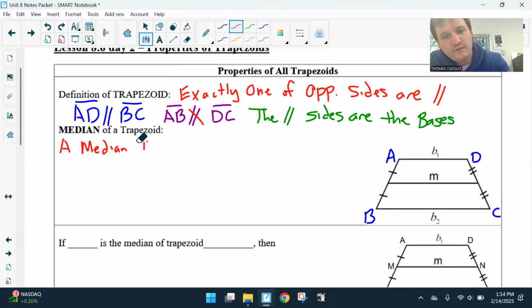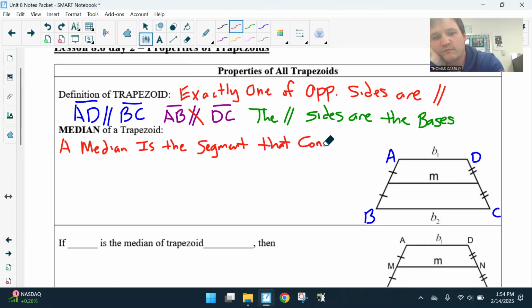A median is the segment that connects midpoints. And again, I'll abbreviate midpoint. So I need some midpoints here.